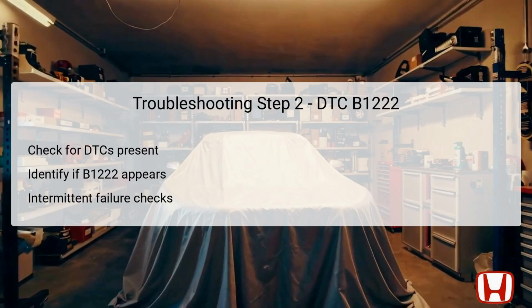After the initial diagnostic reset, the next troubleshooting step involves checking for any diagnostic trouble codes, DTCs, that are currently present. The technician needs to look specifically for the presence of DTC B1222, or alternatively, the indicator for 7, which signifies similar faults. This verification is critical because it determines if the system continues to detect the same malfunction.